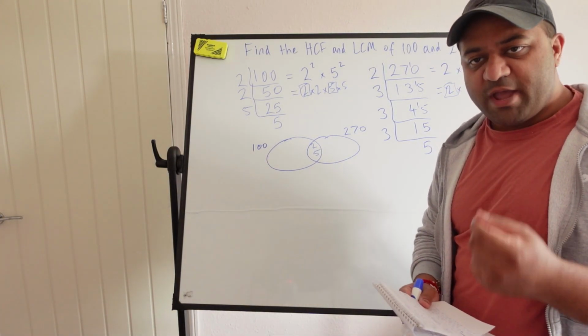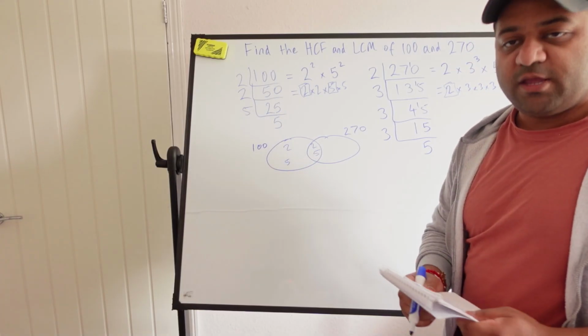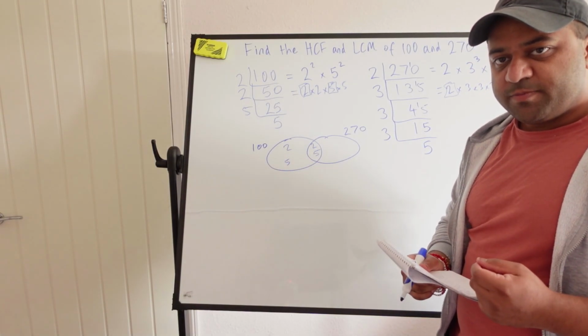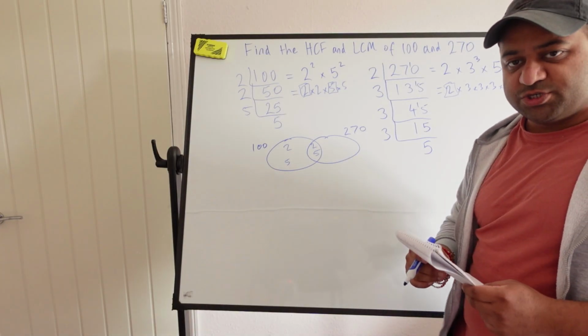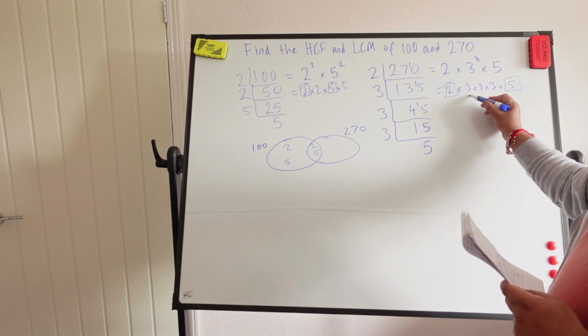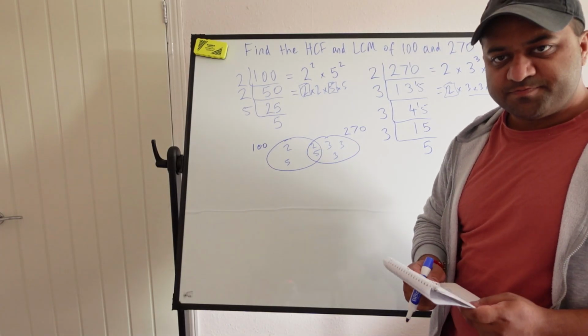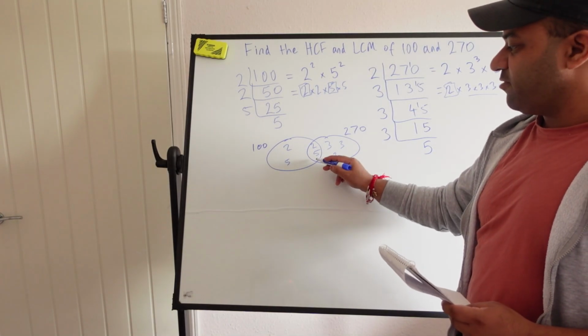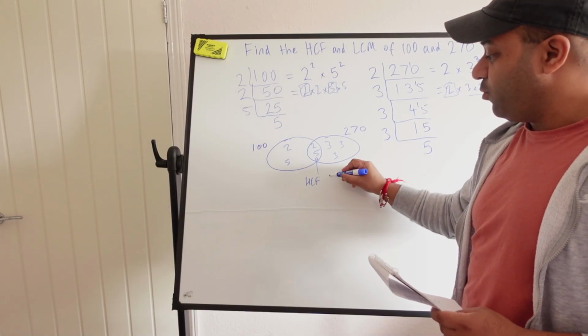Now, the remaining numbers, 2 and 5, will be written in the just 100 side, and in the just 270 side, we'll write down the 3 3s. So the highest common factor is 2 times 5, which is 10.